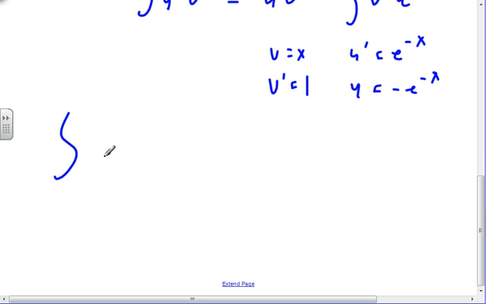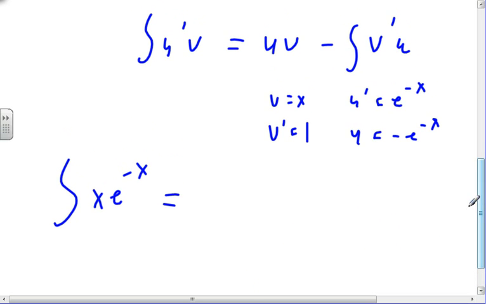So the integral of x e to the minus x is equal to minus x e to the minus x, minus the integral of minus e to the minus x.